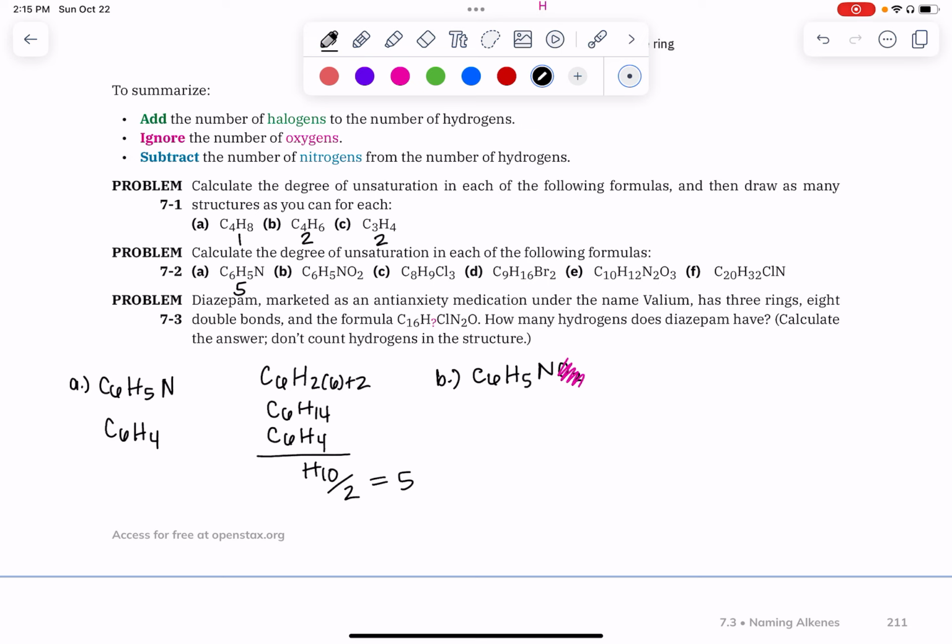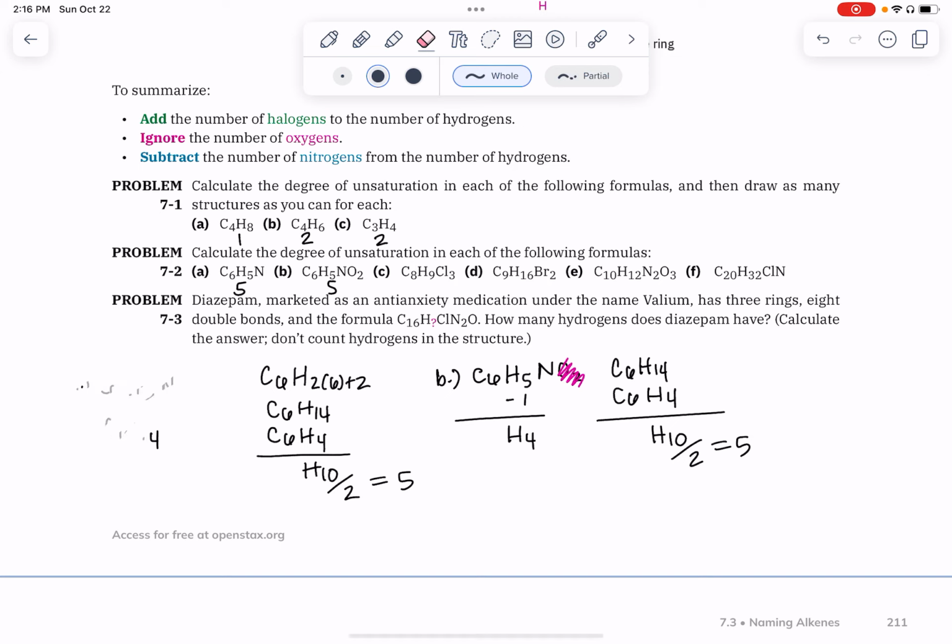And we just said that C6 was C6H14, so we pretty much have exactly the same thing we had before. So we still have C6H4 because we're going to subtract that nitrogen. Gives us H4. And now we have H10 again, divided by 2, gives us 5 degrees of unsaturation.